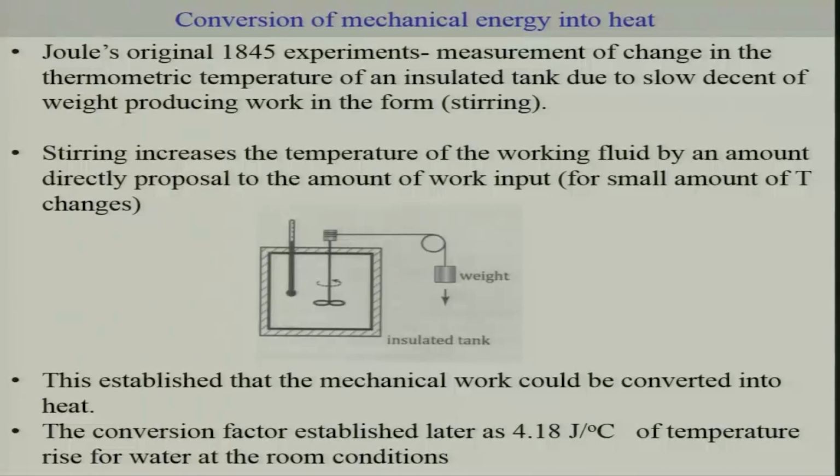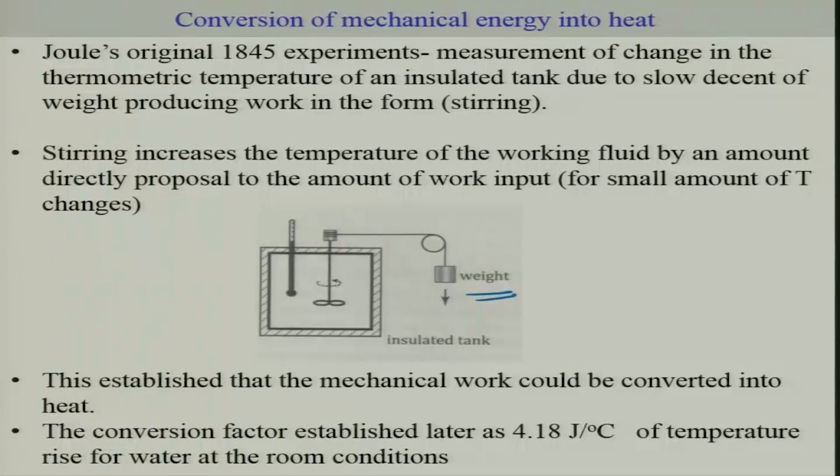In Joule's original 1845 experiments, the change in a thermometer reading was measured. What he did was slowly descend a weight connected to a stirrer, and as it slowly descends, it rotates, leading to an increase of the temperature of the working fluid. He found that for a small change, the increase in temperature is directly proportional to the work supplied to the system.